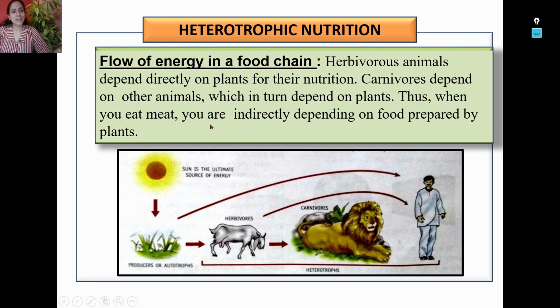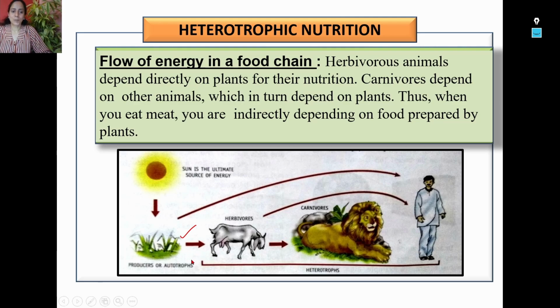And you have this basic idea that the sun is the ultimate source of energy, and the flow of energy is through a food chain where sun energy is utilized by green plants. Green plants are eaten by herbivores, and further they are eaten by carnivores. And likewise, there is flow of energy. We are all interdependent as far as our food requirements are concerned. All are dependent on green plants for our nutrition requirement.